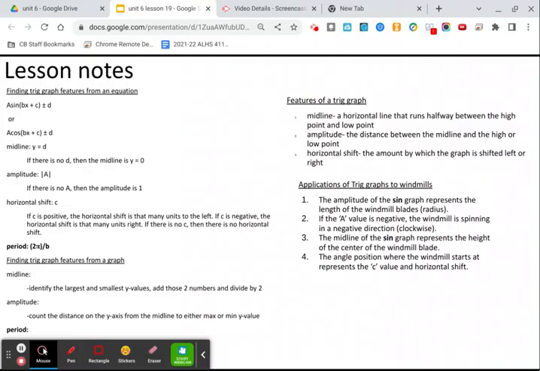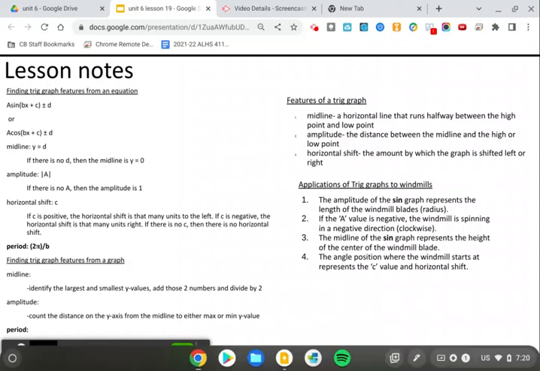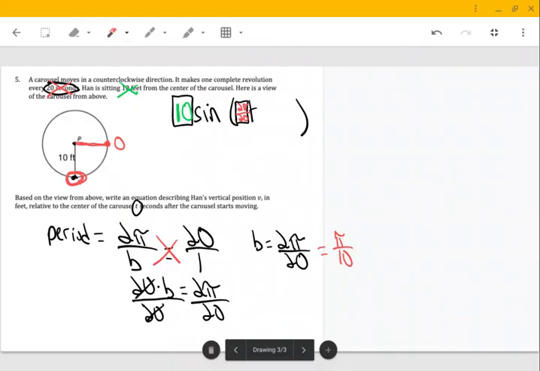So we know with windmills and with anything circular, the angle position where the windmill or the carousel starts represents the C value and the horizontal shift. So the C value is the plus or minus that is inside the parentheses after X or T. That's going to be the number that goes here after the T.